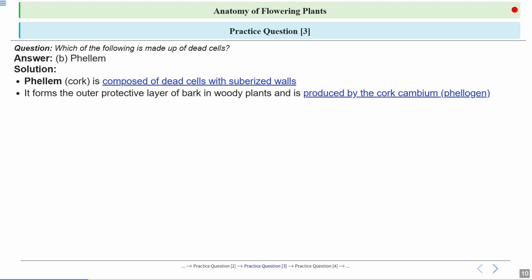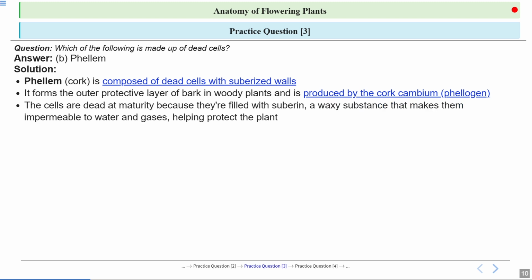This region has a cambium layer that is specially called the cork cambium. This cork cambium divides internally as well as outward. When it divides, it gives rise to cells outward; the cells become dead, suberized, and form the dead protective layer over the woody plants.